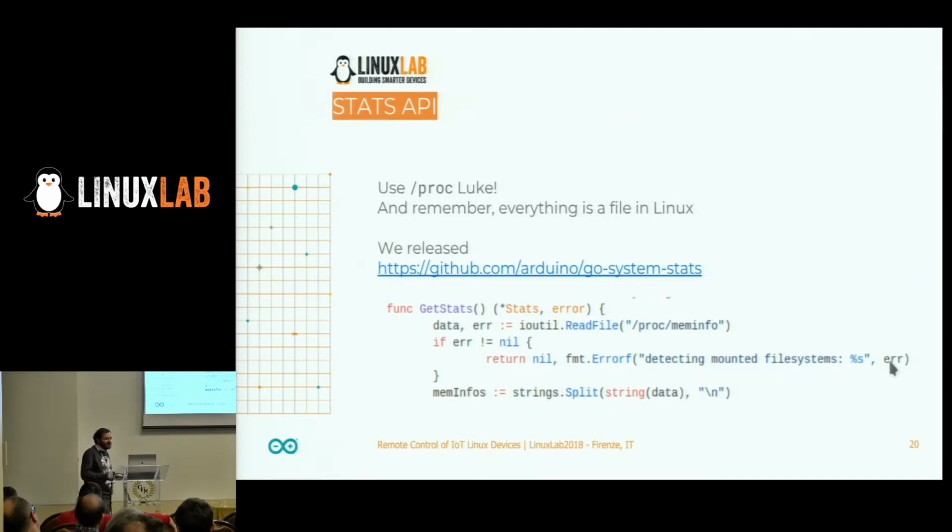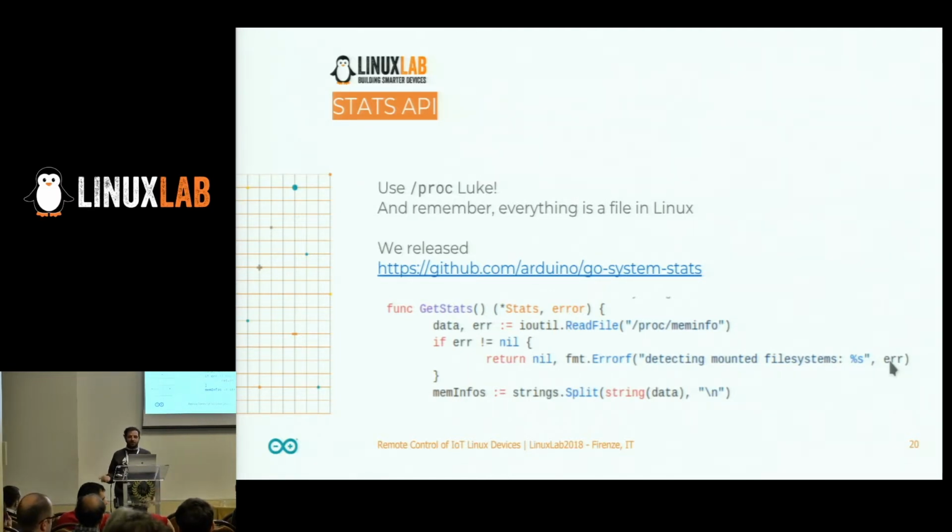It's just the kernel doing that for free, in the last 20 and more years. So you just read /proc/meminfo, and you get some data. Then we put everything in a Golang map, and we expose it on an API. As simple as that.